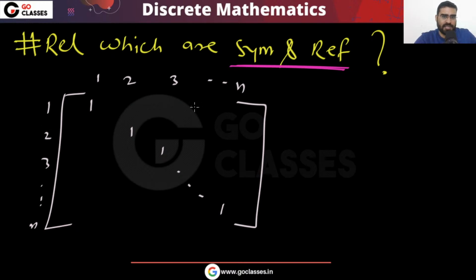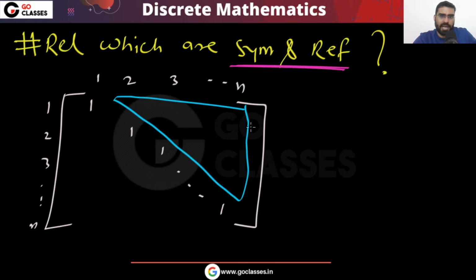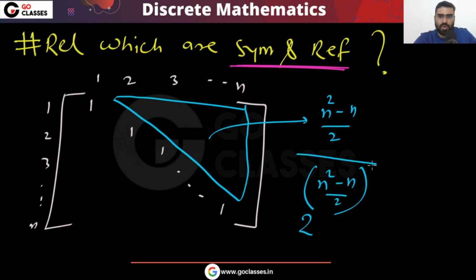Now the remaining thing is the same. The main diagonal will be 1, and the remaining elements will be (n square minus n)/2. So the answer will be 2 power (n square minus n)/2. This will be your value.